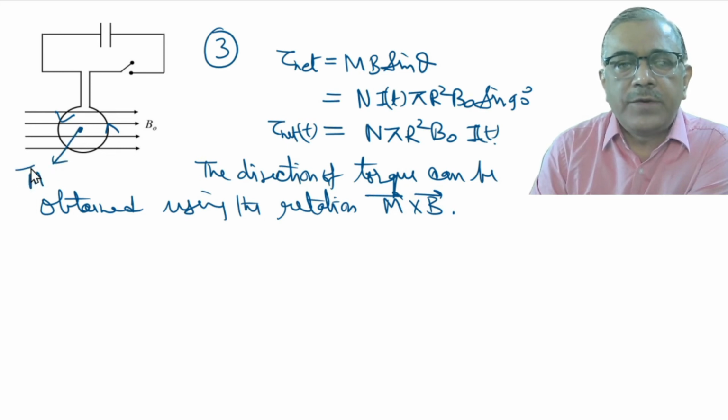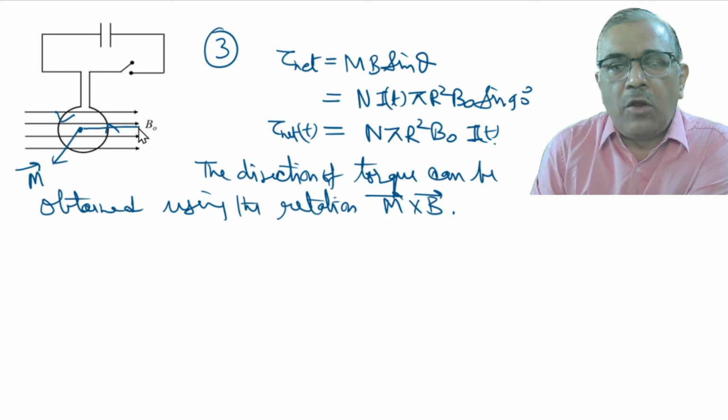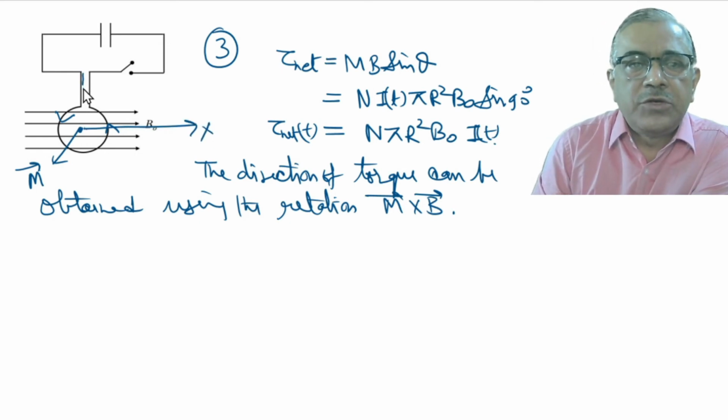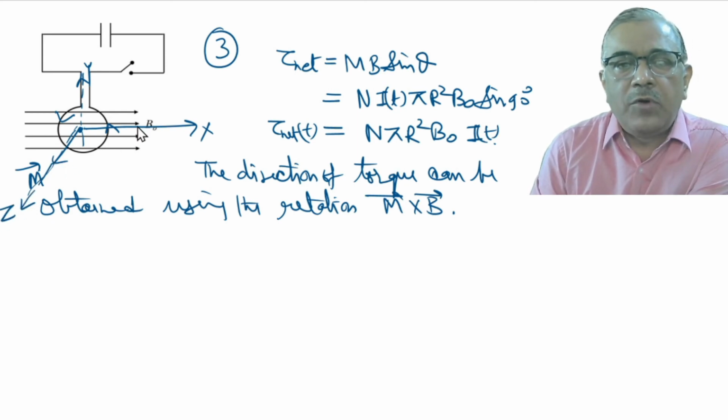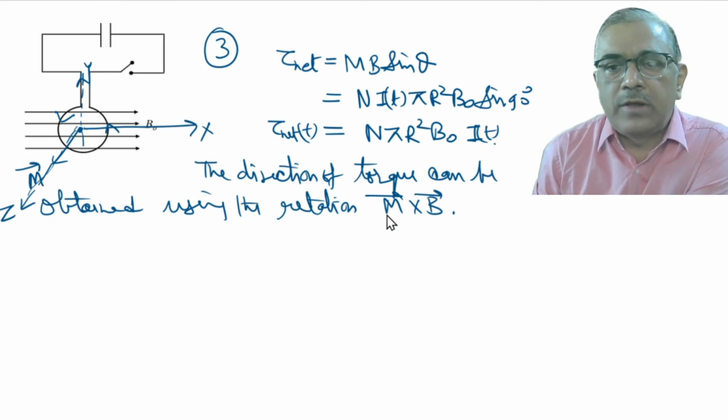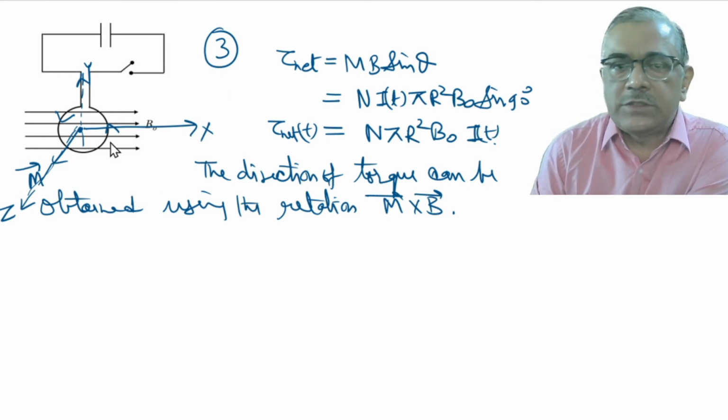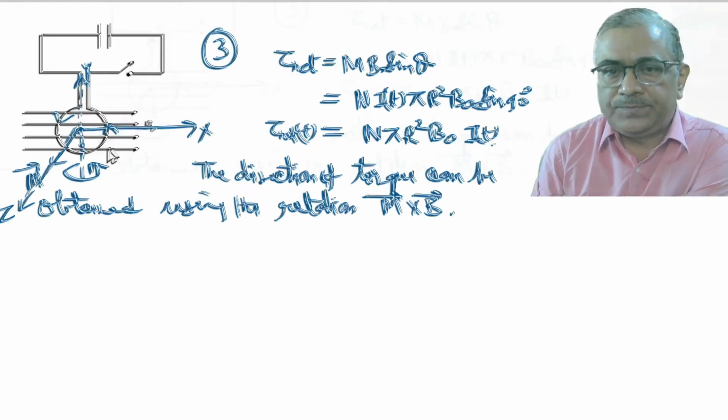This is the m vector, and B naught is along the axis of x. Let's assume this direction to be the axis of y and this to be along the axis of z. So m cross B suggests the direction of torque should be along the axis of y, and this circular coil acquires a tendency to rotate in the anti-clockwise sense.